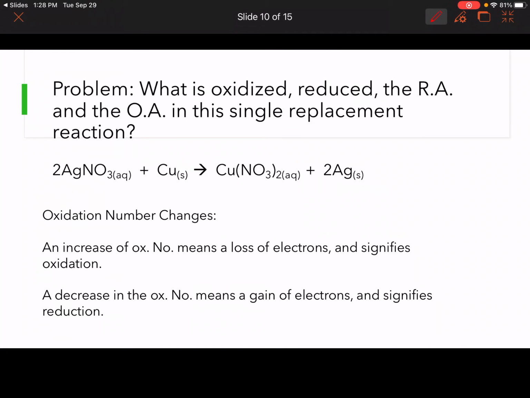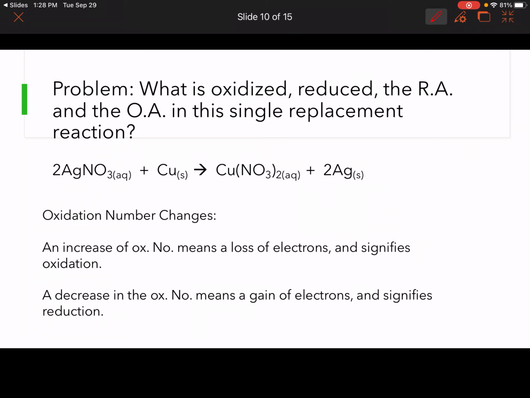So oxidation number changes. So an increase in oxidation number means a loss of electrons, okay, and signifies oxidation. So if the number is becoming more positive, we're losing electrons. The opposite of that, a decrease in the oxidation number is going to mean a gain of electrons and is going to signify reduction.